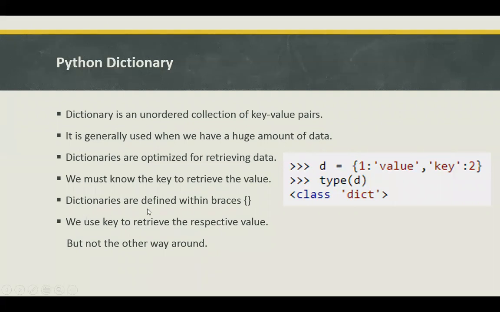So dictionaries are defined within curly brackets. You should not confuse set and dictionary, right? Because a set also uses curly brackets and a dictionary also uses curly brackets. But what is the difference?